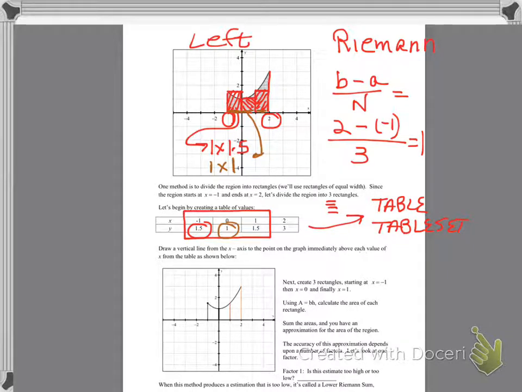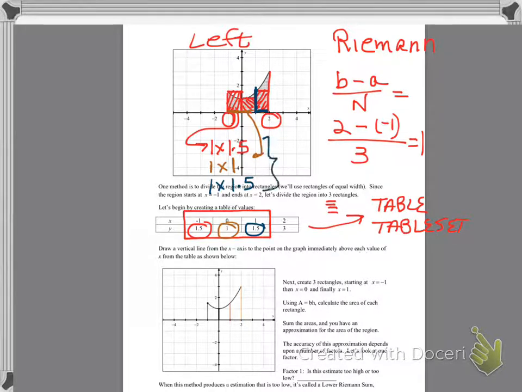The third rectangle is going to be right here. Here's your base, so it's going to be 1, times what is the height when my x value is 1. That height is 1.5, so this is also 1 times 1.5, just like our first rectangle.